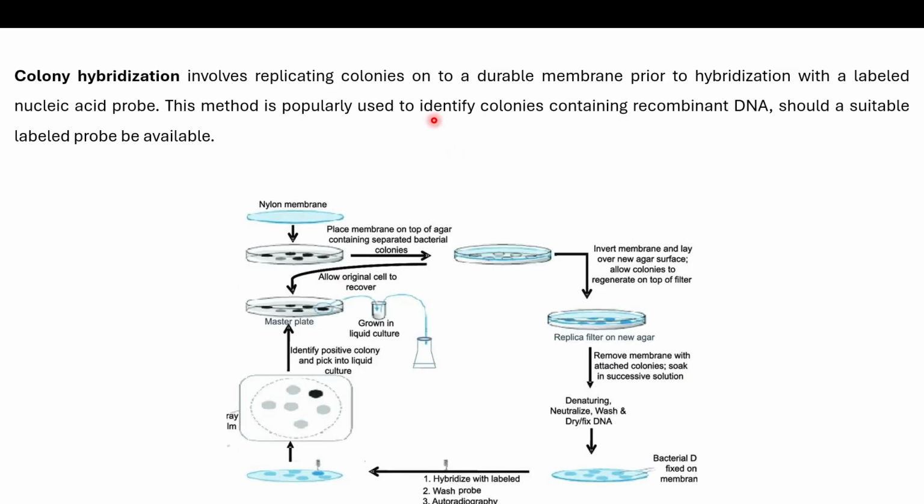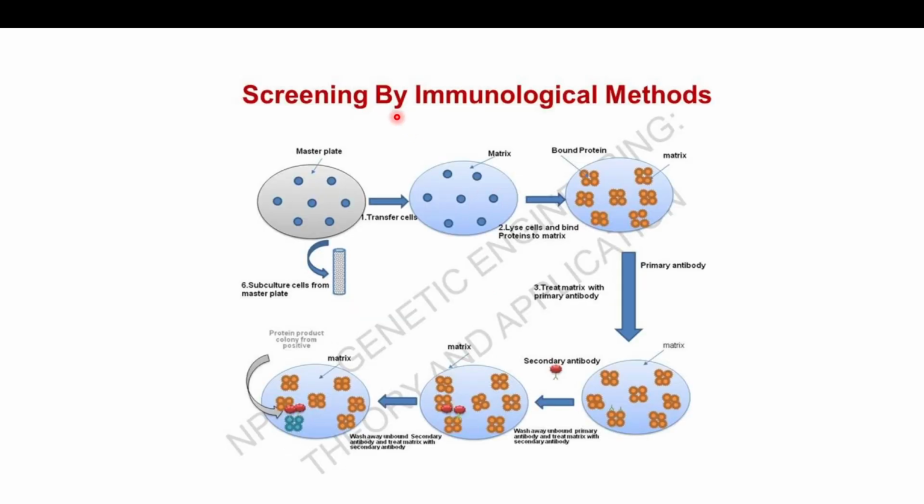Okay, and then you can use it for plasmid isolation and further downstream processes. Also, earlier one was using, suppose, a radioactive probe against the DNA of your interest. Now, what also happens is screening by immunological methods. You can use antibodies.